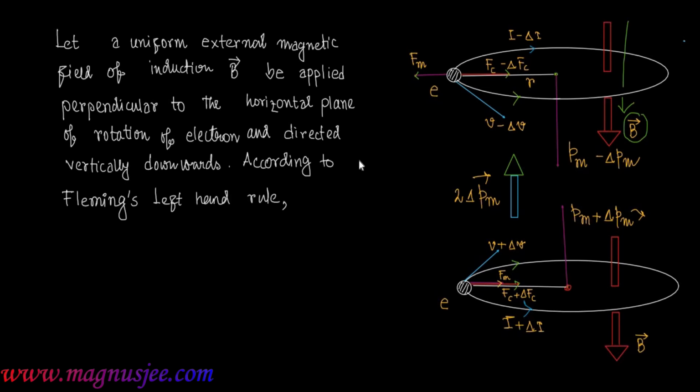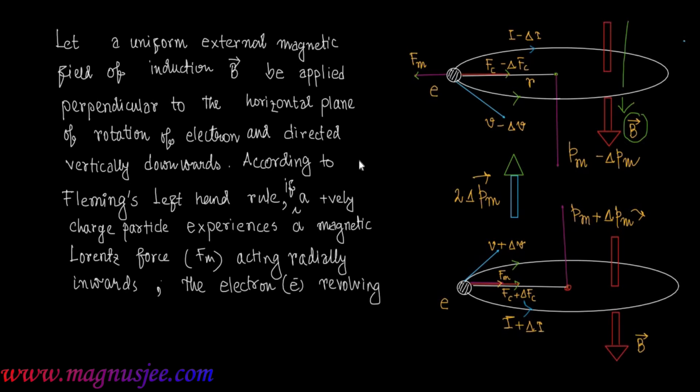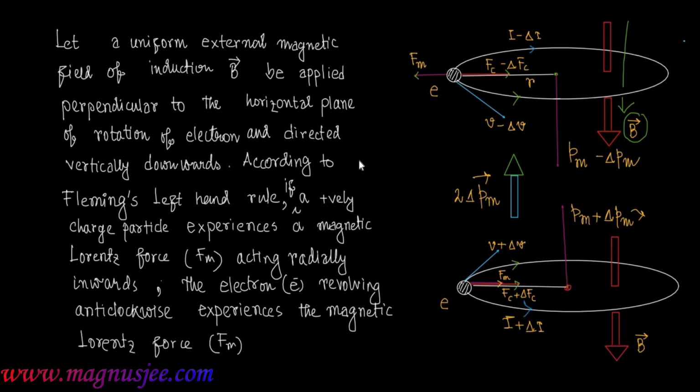According to Fleming's left-hand rule, if a positively charged particle experiences a magnetic Lorentz force Fm acting radially inwards, the electron, small e, revolving anticlockwise experiences the same magnetic Lorentz force Fm which acts radially outwards.